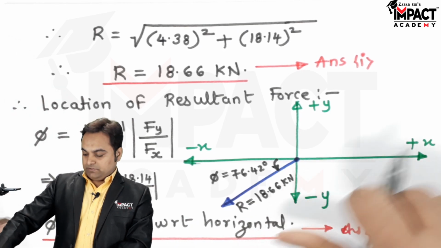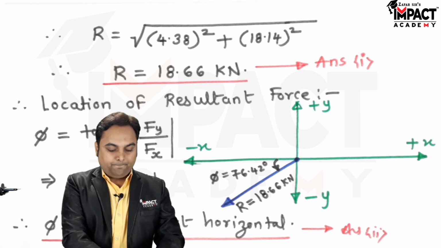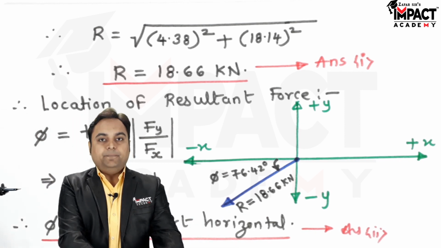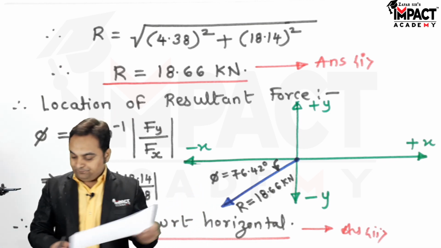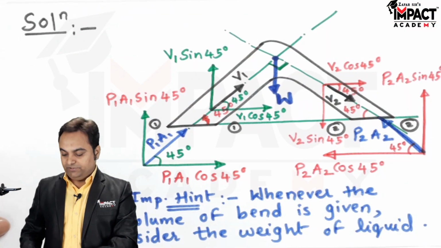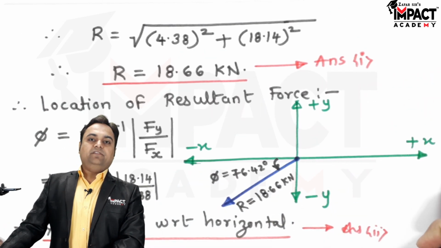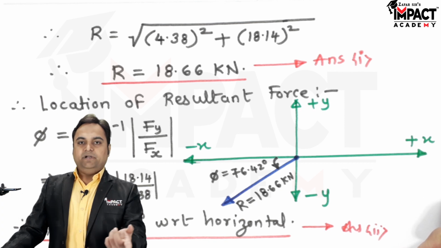It means at this direction, the resultant force would be acting on the bend, which is the vertical bend given. So the resultant would be somewhere here into the third quadrant. And now this resultant indicates the force exerted by the oil on the bend.